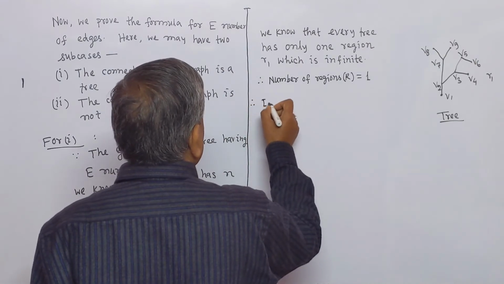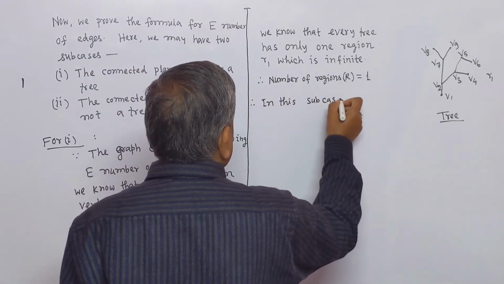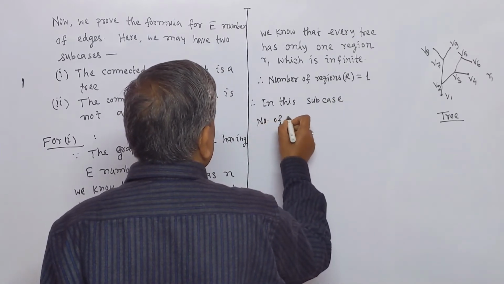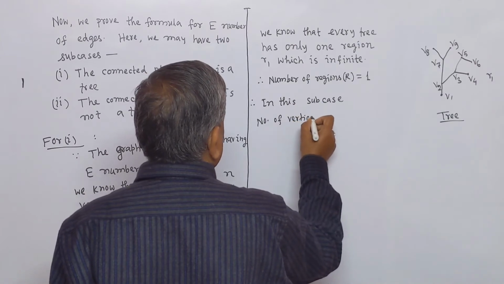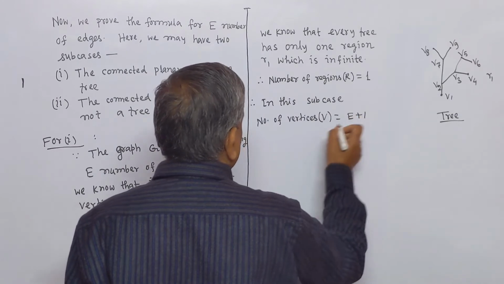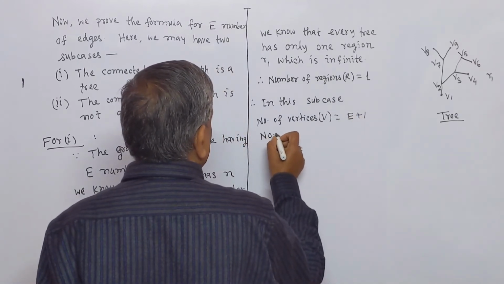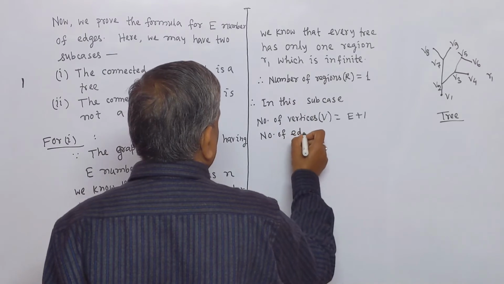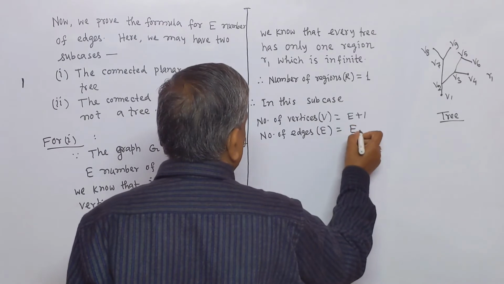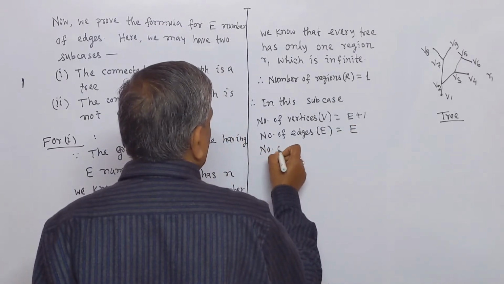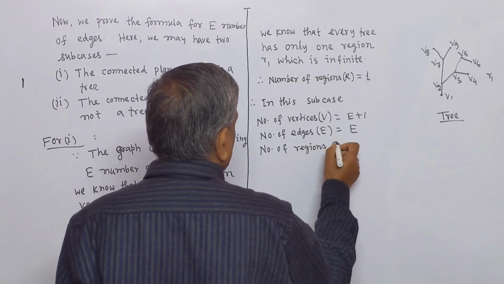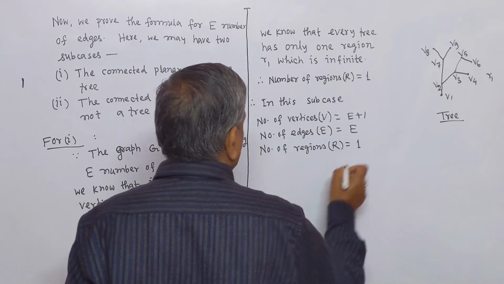Therefore, in this subcase, number of vertices equal to E plus 1, number of edges equal to E, number of regions equal to 1.